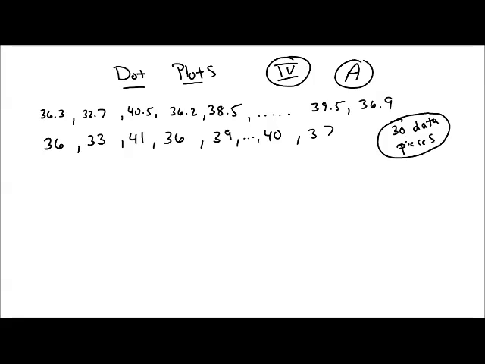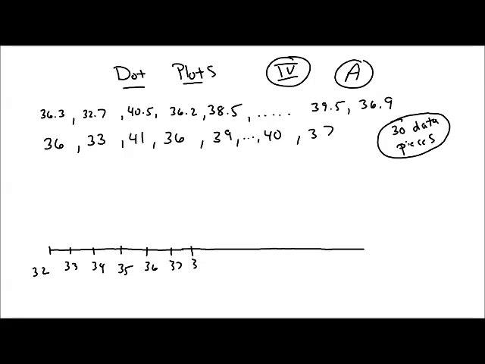But I rounded all my data pieces first, and then I looked at my smallest. My smallest was 32. Okay, so I have 32, 33, 34, 35, 36, 37, 38, 39, 40, 41.